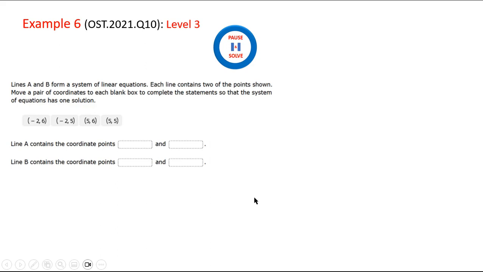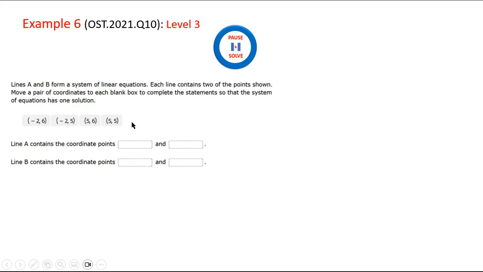Question number 6. This one is a level 3 question. It's very interesting. Lines A and B form a system of linear equations. Each line contains 2 of the points shown. Move a pair of coordinates to each blank box to complete the statements so that the system of equations has one solution.